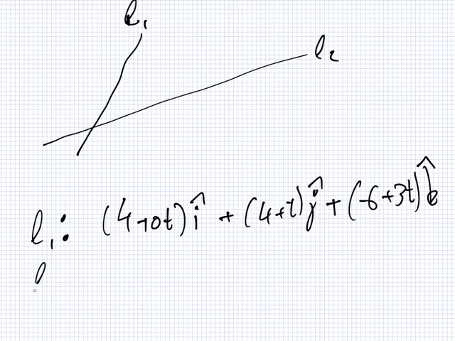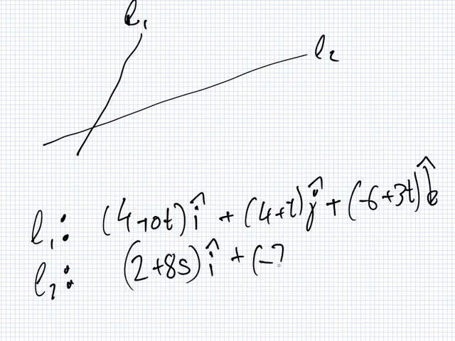And then line 2 will be (2 plus 8s) i plus (minus 7 minus 12s) j plus (minus 8 minus 5s) k.